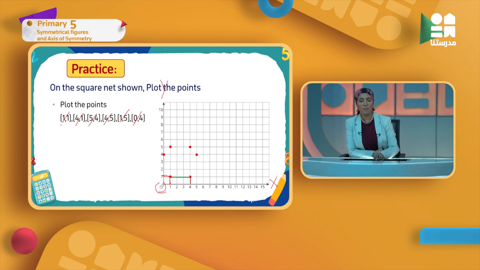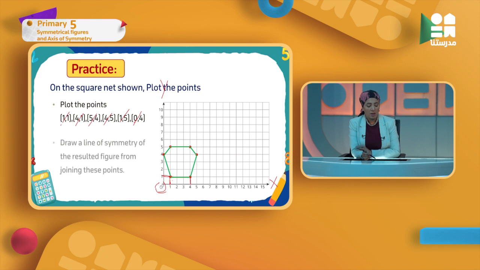Then I will join 4 and 1 to 5 and 4, then from 5 and 4 to 4 and 5, then from 4 and 5 to 1 and 5, then from 1 and 5 to 0 and 4. And then the last one from 0 and 4 to my first point that I started with, which is 1 and 1. Okay? Now I have got a shape.